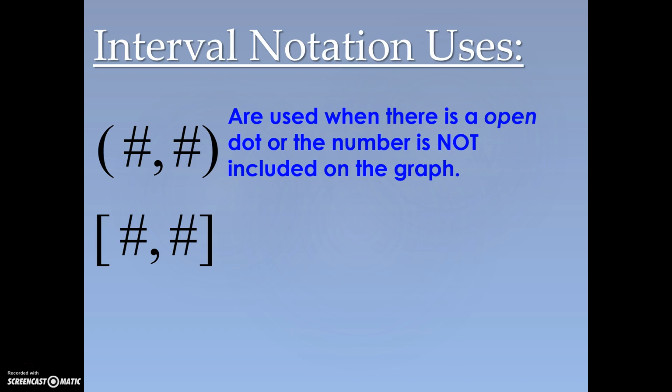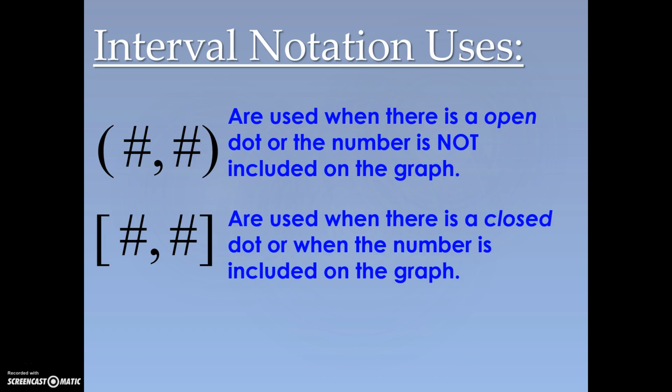And you use brackets when there is a closed dot or when the number is included on the graph. It's very important that you understand this concept because using the wrong one can make your answer wrong or right. And the number signs are just put in place to hold the spot of a number going there.